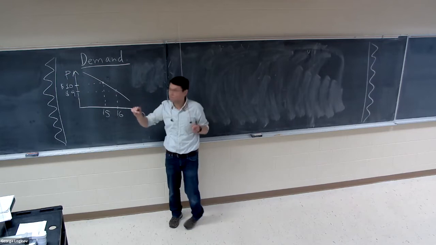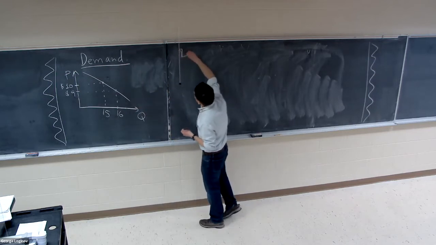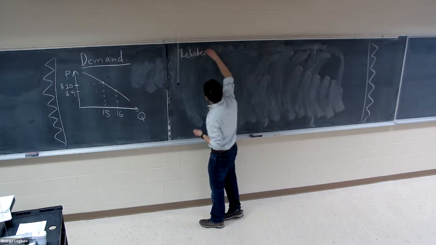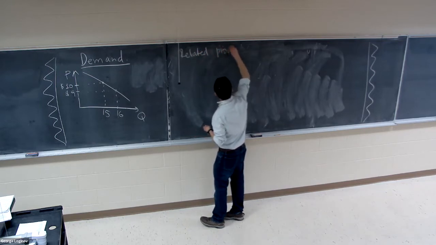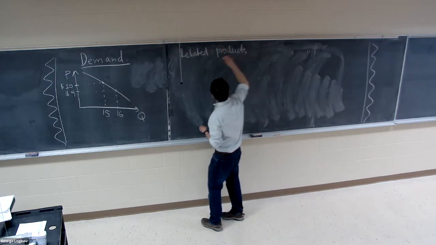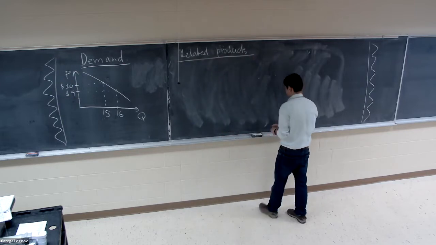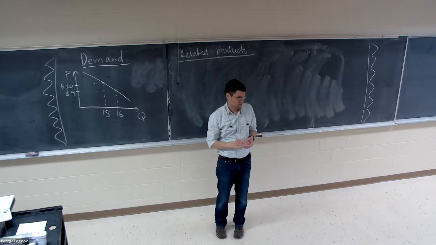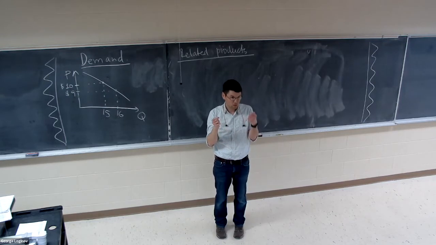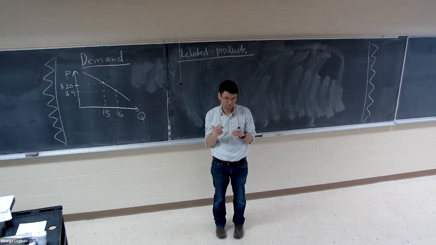Related products. Generally, we can think about two kinds of related products. Products that you can consume along with the product in question, and products that you can consume instead. The first ones are called complements.